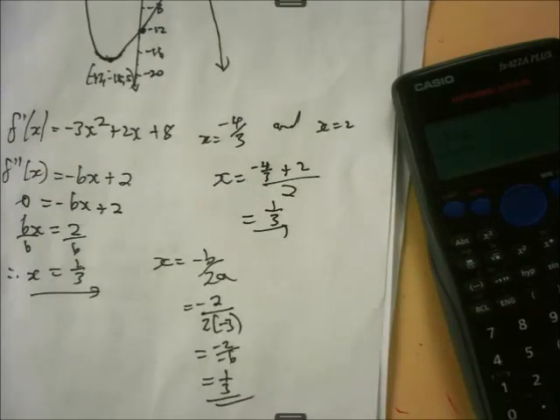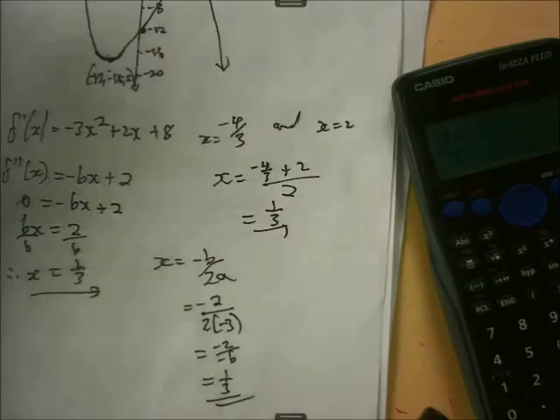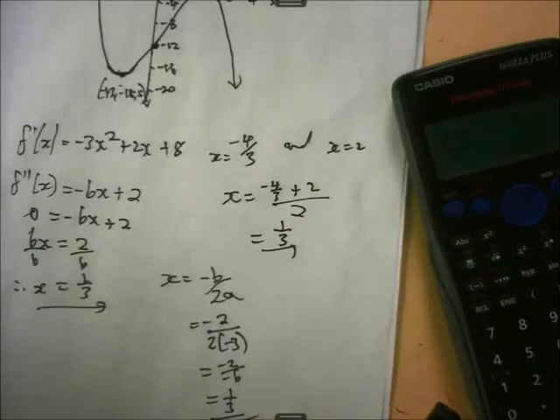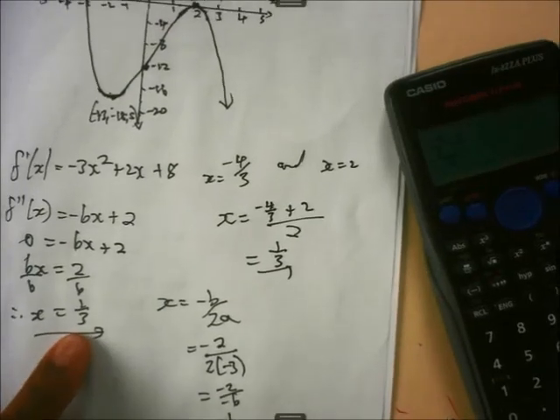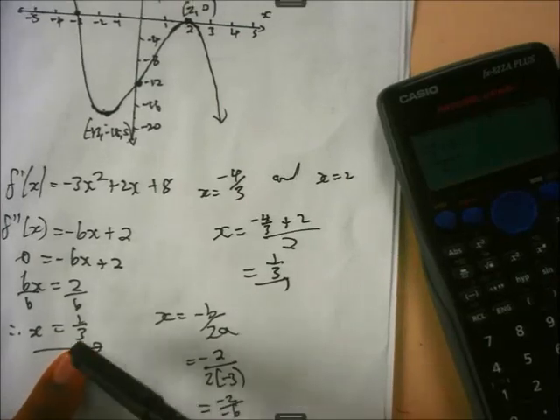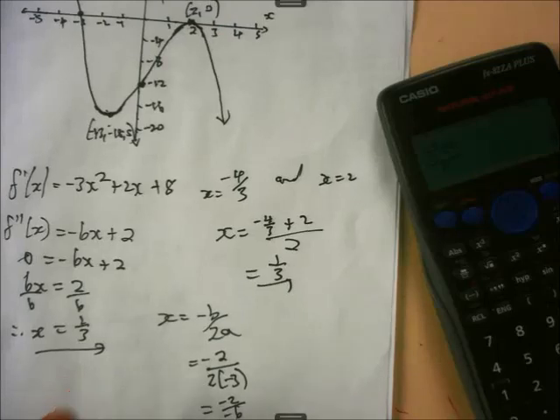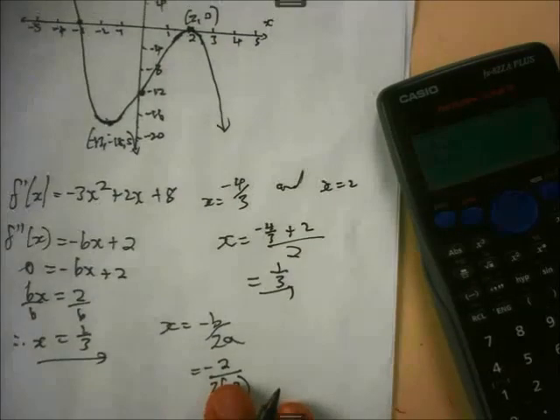These are the options that you can use, especially when you are determining the x coordinate of the point of inflection. Of course, if the question says determine the coordinates of the point of inflection, it means you must take your x and substitute it in the original equation to find the corresponding y coordinate.